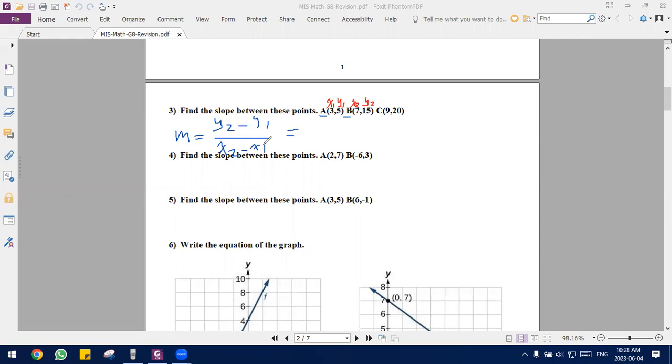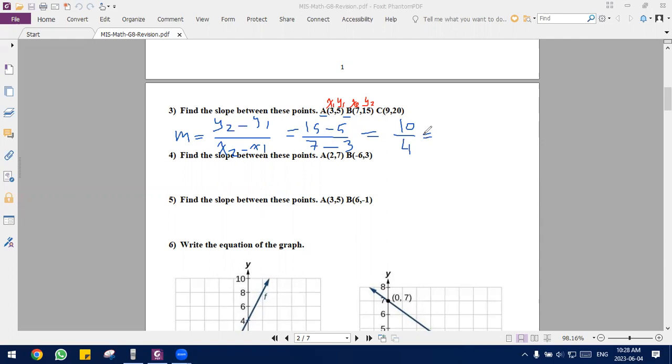Now let me use the formula. It says y2 minus y1. y2 is 15 here, minus y1 for A, it's 5, over x2, which is 7, minus x1, which is 3. 15 minus 5 is 10. 7 minus 3 is 4.